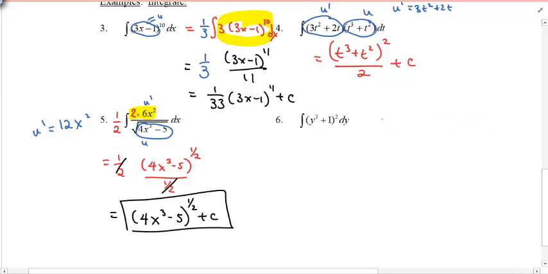You just need to expand this out and integrate or anti-differentiate term by term.